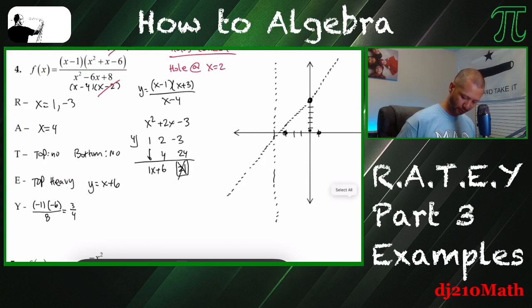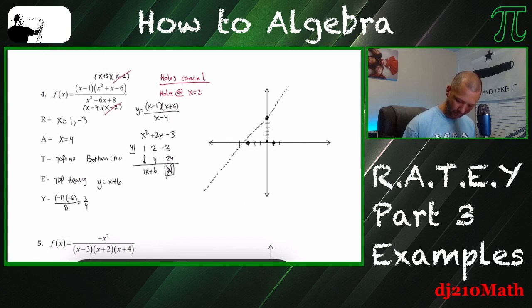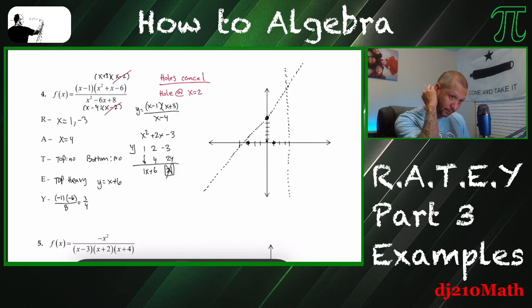Okay, so you probably saw it already. It's because the vertical asymptote is not in the correct spot. Okay, this looks much better. All right.